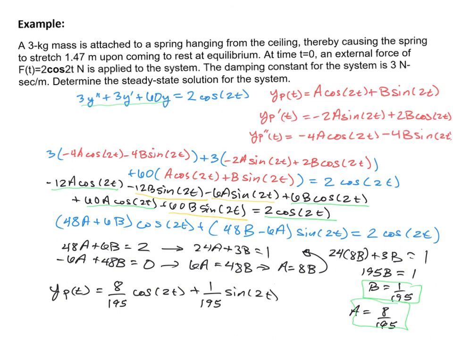And this function right here is our steady state solution for the system. It's the term that is there for large values of t, whereas the general solution, which we did not find, but if you were to find the general solution with C1 and C2, that would be the part that decays exponentially to 0.